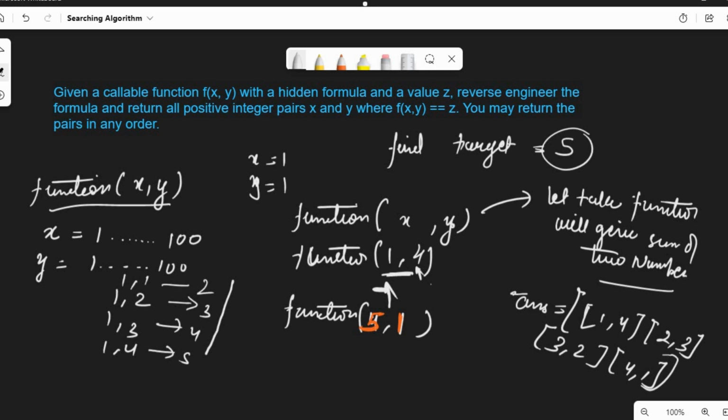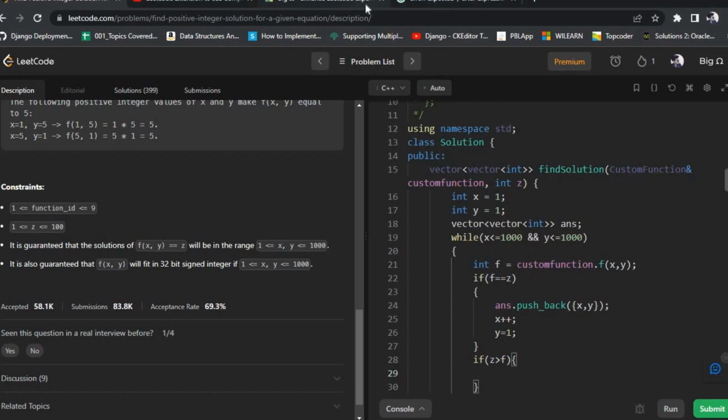Up to here the answer is smaller than target, so we have to increase the y. Here we are increasing the y.